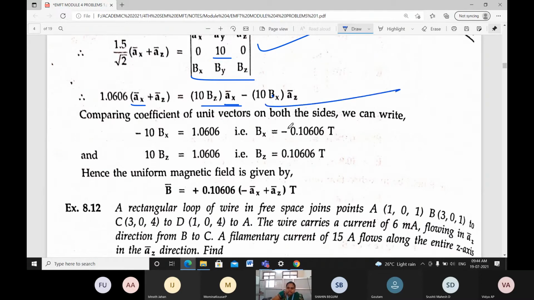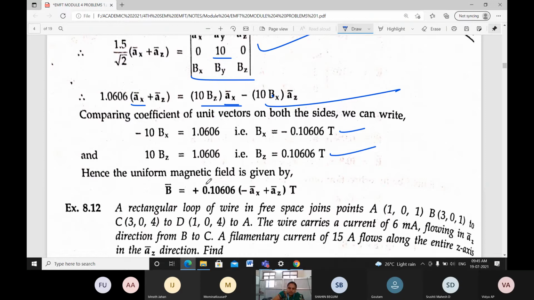You will be getting BX as minus 0.10606 and BZ as 0.10606 teslas. Therefore in this case we didn't get the AY direction, which means it will be a 0 value only.